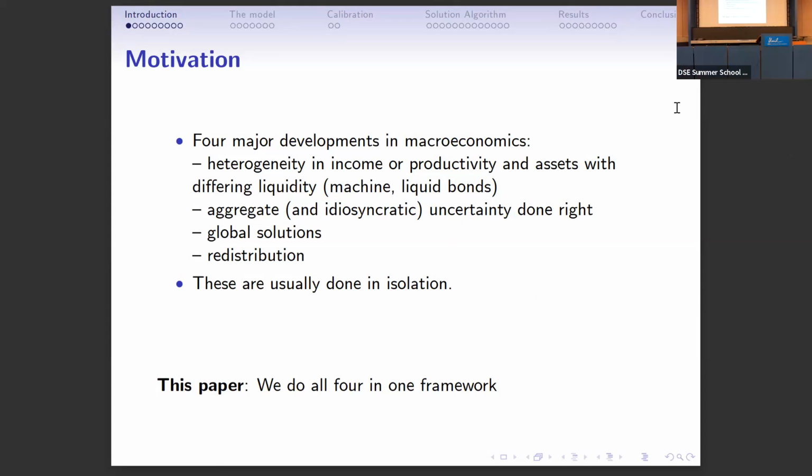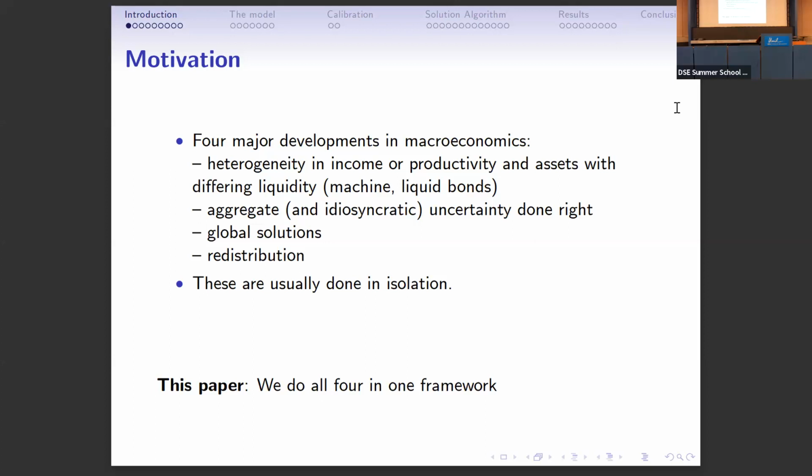We try to introduce different types of heterogeneity in terms of assets, for example, capital and bonds, housing, and so on. And also in terms of sources of heterogeneity, like earnings or uncertainty, and so on, right?